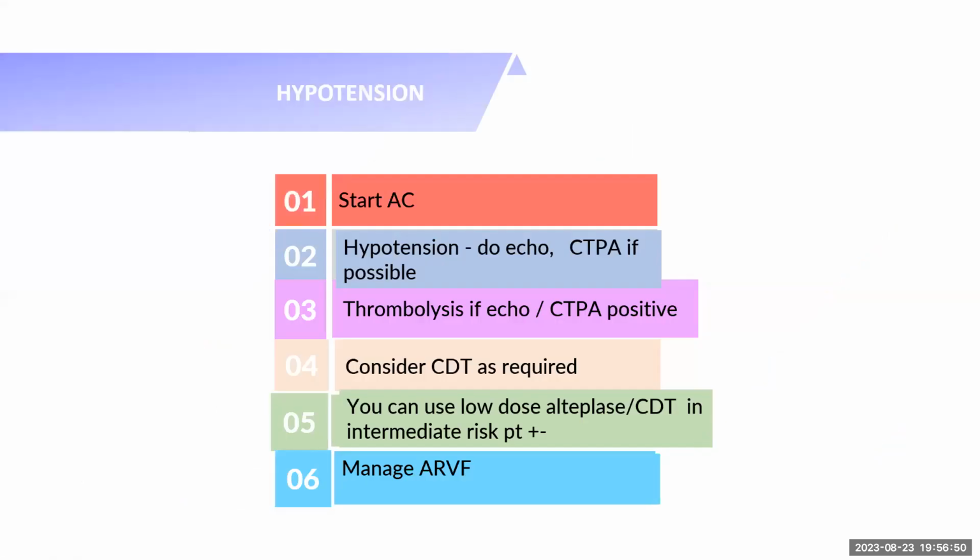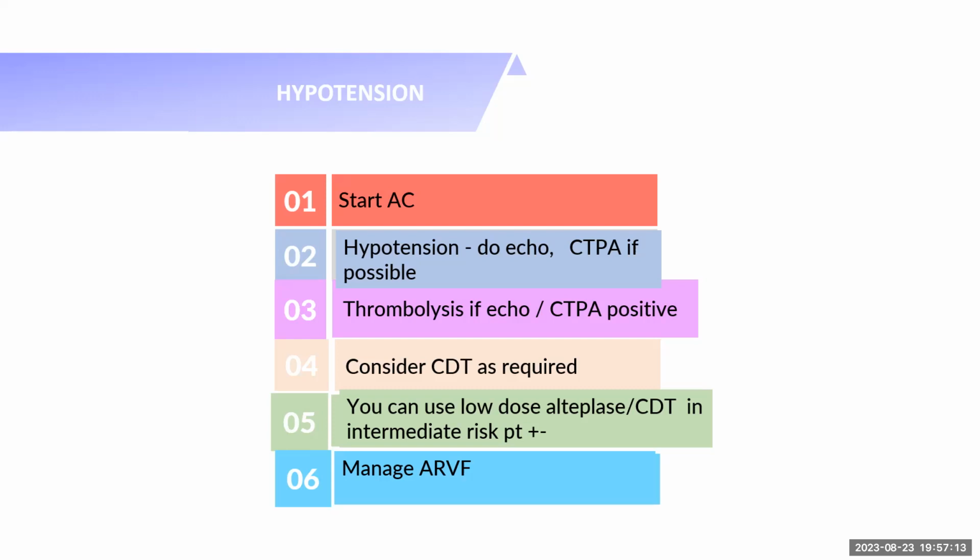Now coming to the last couple of slides, just to summarize. If there is hypotension and you suspect pulmonary embolism, what is to be done? Start therapeutic anticoagulation in the form of heparin or low molecular weight heparin. Do the echo and try to establish the diagnosis. There has to be RV dilatation.